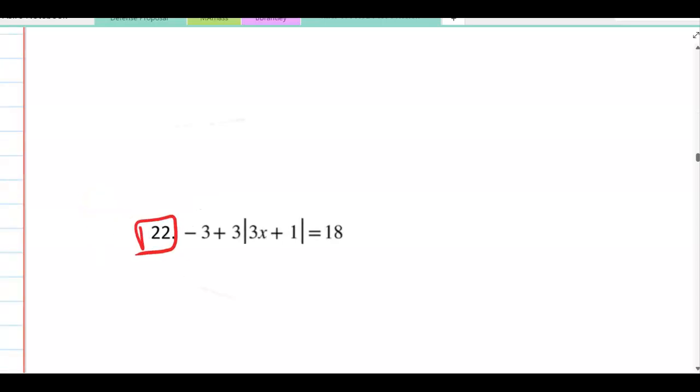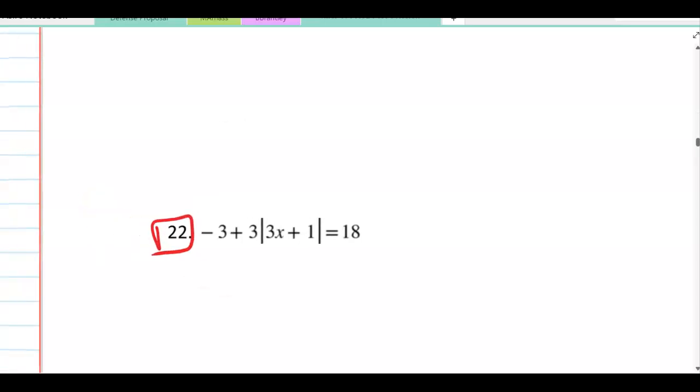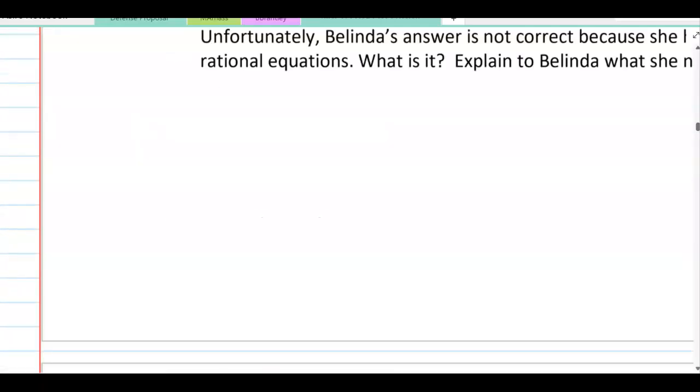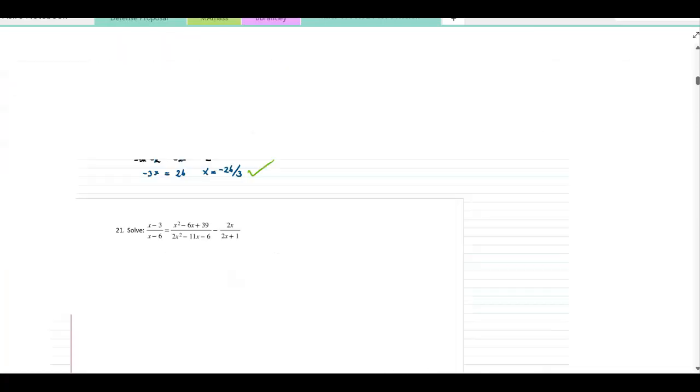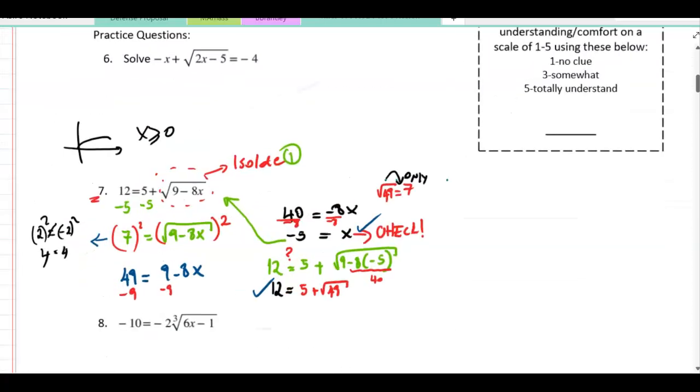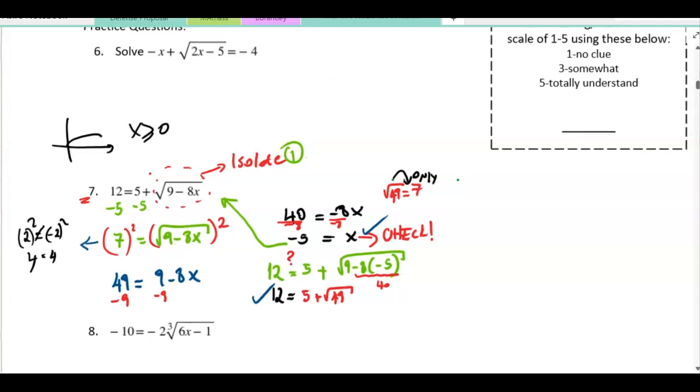Yeah, so solving absolute value equations. When we're solving an absolute value equation, it's the same as with a radical equation, right? So if we go back up to this one, we isolate the radical term.